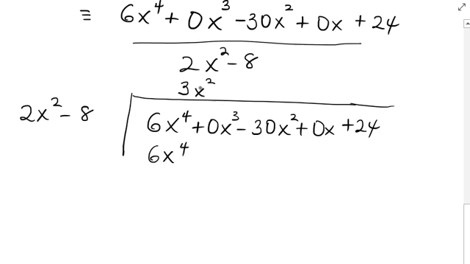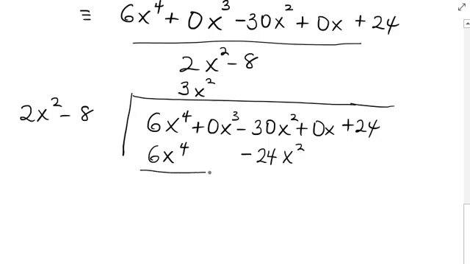The 3x squared multiplied by negative 8 will be negative 24x squared. So because it is on x squared, we need to put this under where we have x squared.